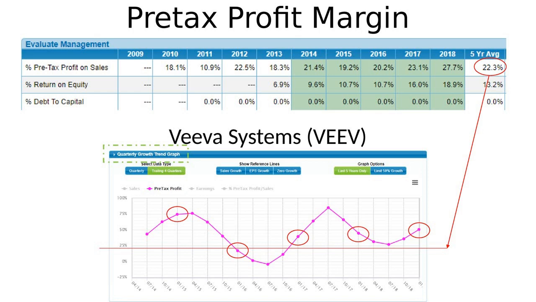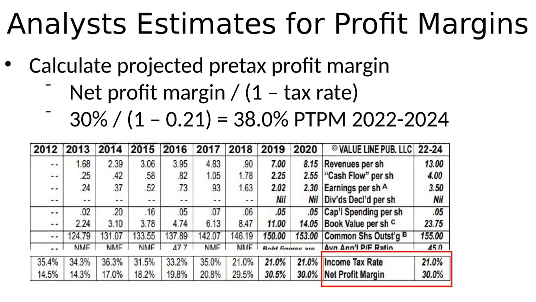I've opened up the screen for pre-tax quarterly growth trend, and you see these dots that I circle with red are at the annual report, and the ones in the middle are quarterly. So you can see that the annual report has generally been above that 22.3% line, right? It's been above. So you can change that pre-tax profit. All right. So this is how you change it.